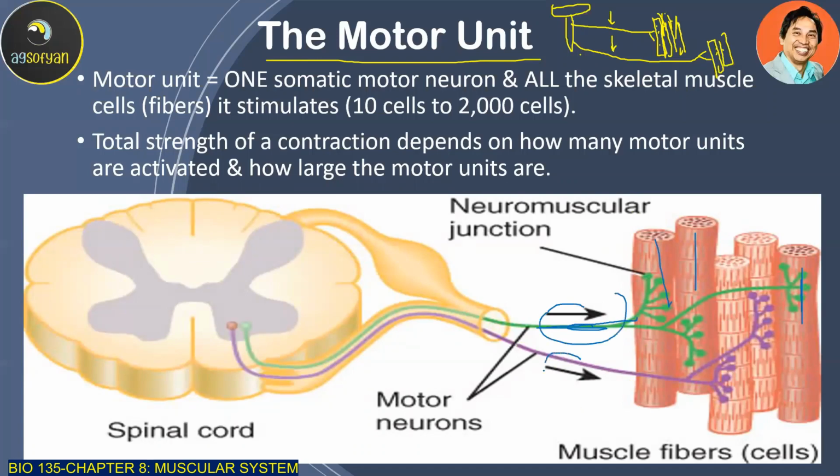This is another motor unit over here that only innervates 2 muscle cells. So there are 2 motor units in this picture. Again, one motor unit means one motor neuron that innervates a group of muscle cells. Could be 10, even sometimes 2,000 muscle cells in one unit.